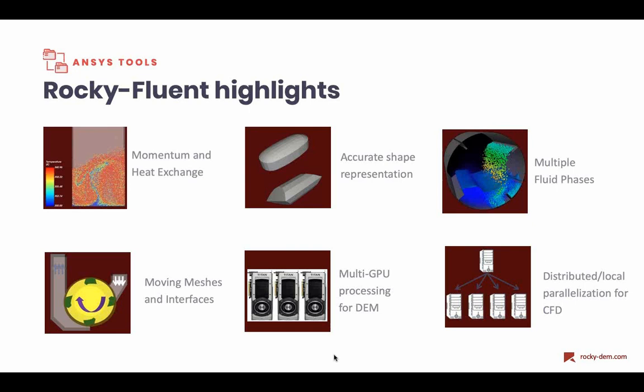So you can do a CFD-DEM problem coupling Rocky and Fluent, having Fluent using the CPU from your hardware and having Rocky using the GPU that you have available. Okay, so this makes the coupling efficient.